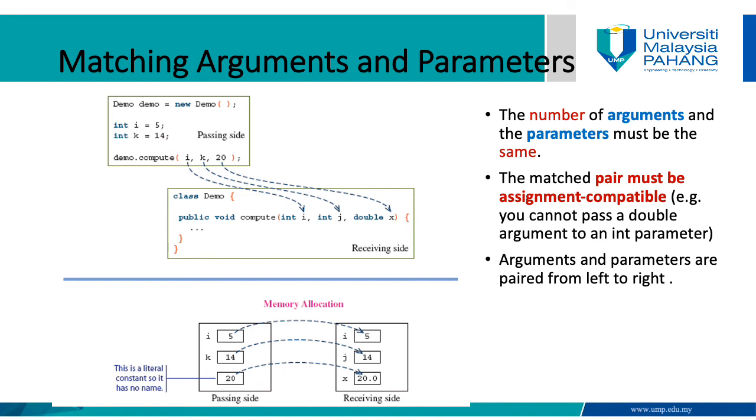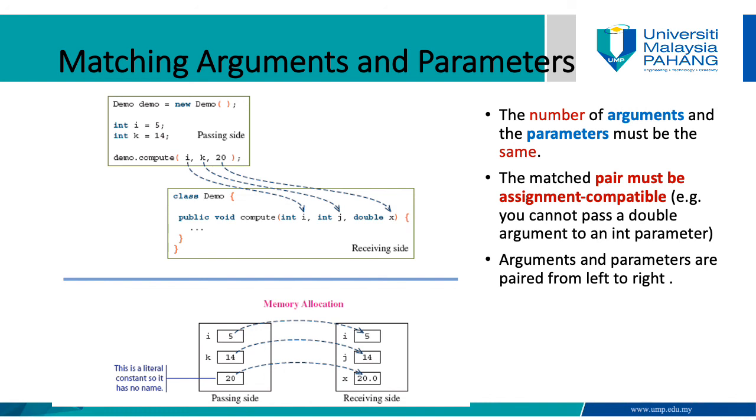And then arguments and parameters are paired from left to right. Let's look at the example in these boxes. Here demo dot compute i, k, x, 20. What is i? i is integer i.